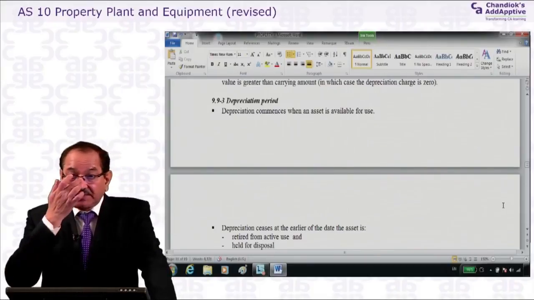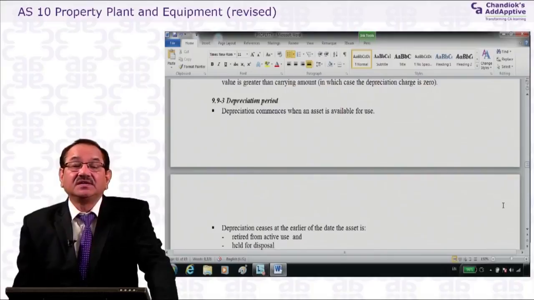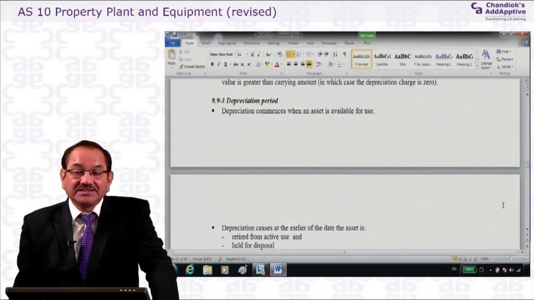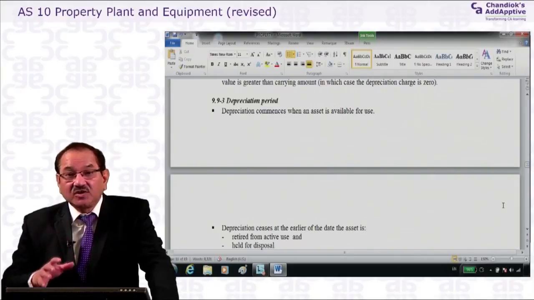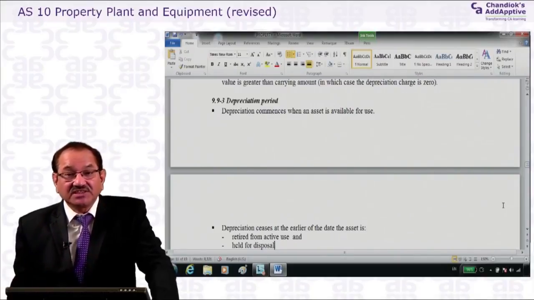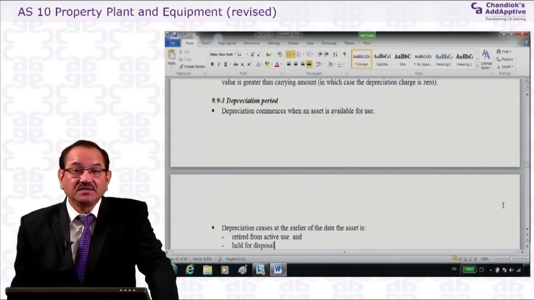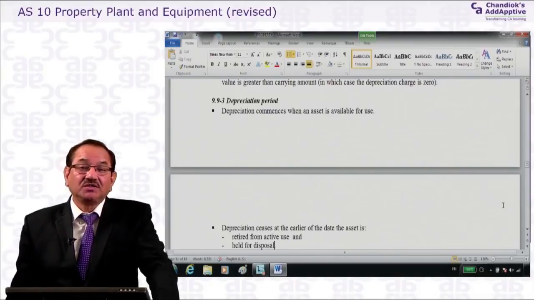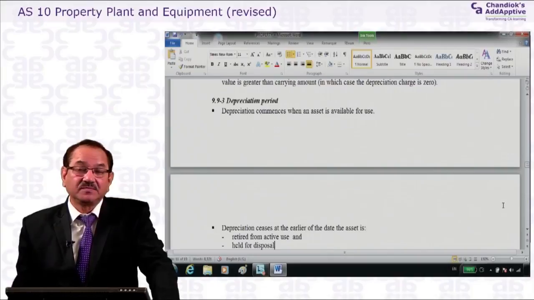And therefore, whichever depreciation method you use, this standard is also making the change in method a change in accounting estimates.